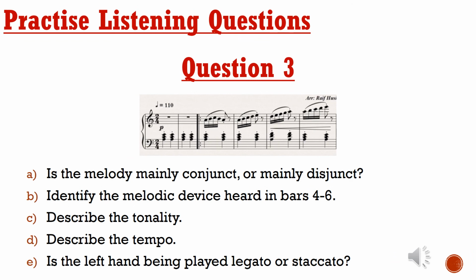Okay, here's question 3. There's 5 parts to this question. Firstly, you're going to identify if the melody is mainly conjunct or mainly disjunct. Then you're going to identify the melodic device heard in bars 4 to 6, which are on your screen. Those are the last 3 bars on the screen. Then you're going to describe the tonality, the tempo, and you're going to talk about whether or not the left hand is being played staccato or legato.